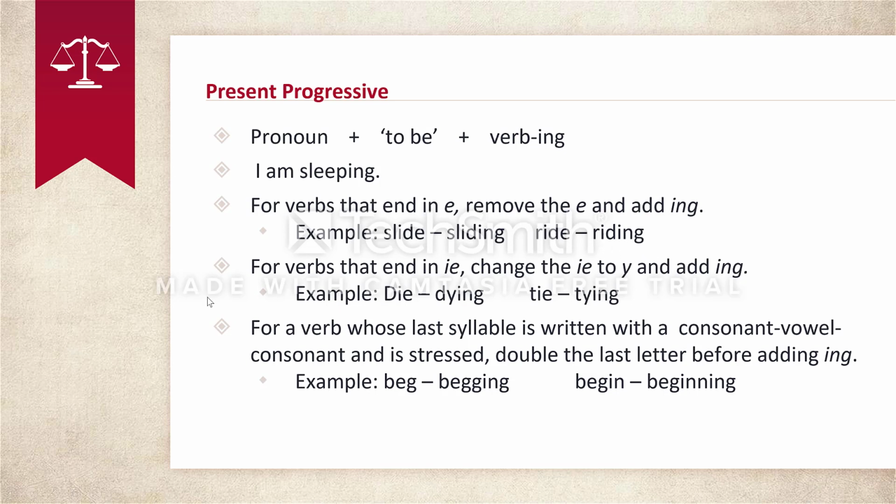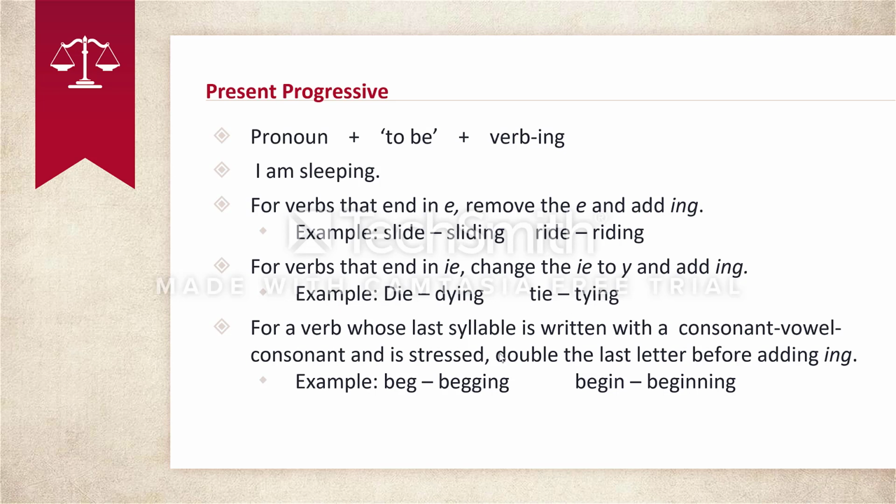So we get "riding." Now, the second bullet point says that for verbs that end in IE, change the IE to Y and add "ing." So we have an example here, "die," which ends in IE. We remove it and put on a Y, and then add the "ing," and we get "dying." The same with "tie," which changes to "tying."